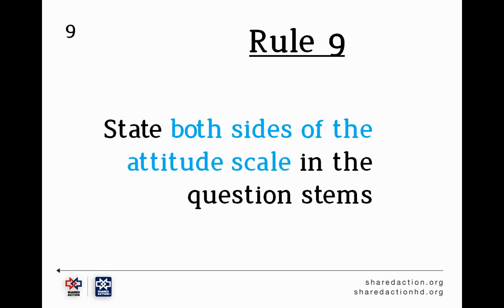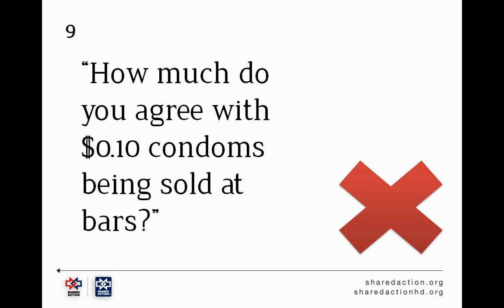Rule 9 is you want to state both sides of the attitude scale in your question stems. Now this actually refers to the question itself, and this is another one that's really, really frequently violated. If I ask you, how much do you agree with 10-cent condoms being sold at bars? How much do you agree?